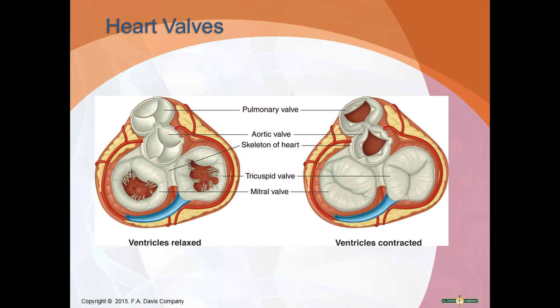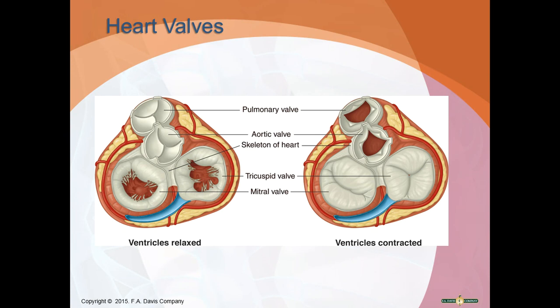There are 2 semilunar valves that regulate flow between the ventricles and the great arteries. The right AV valve, also called the tricuspid valve because it has 3 leaflets, prevents backflow from the right ventricle to the right atrium. The left AV valve, also called the bicuspid valve because it has 2 leaflets, or the mitral valve, prevents backflow from the left ventricle to the left atrium.